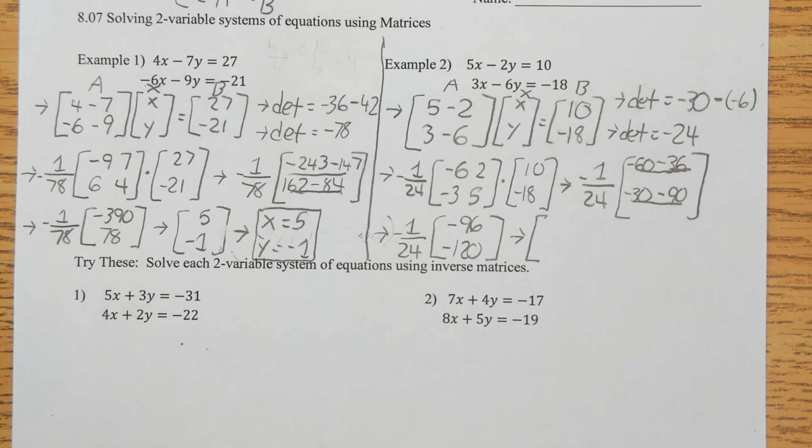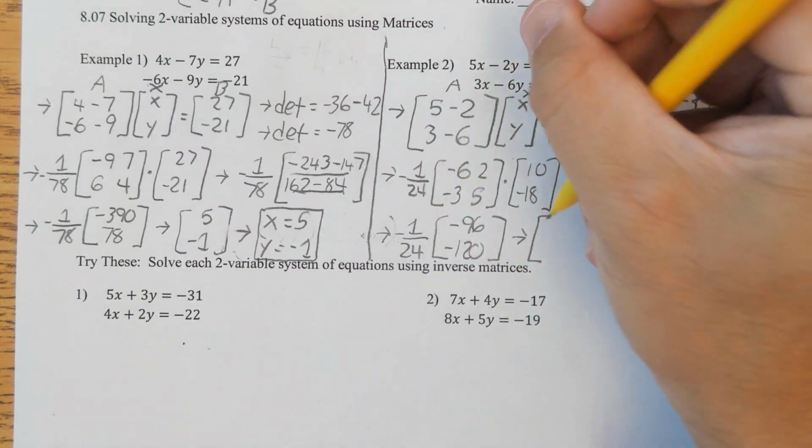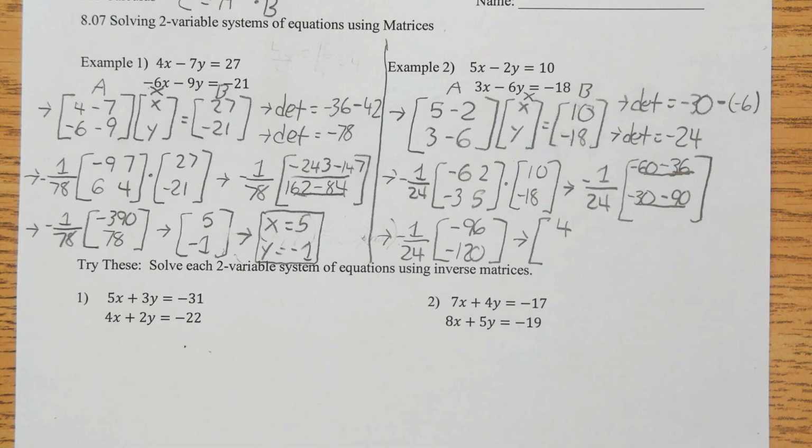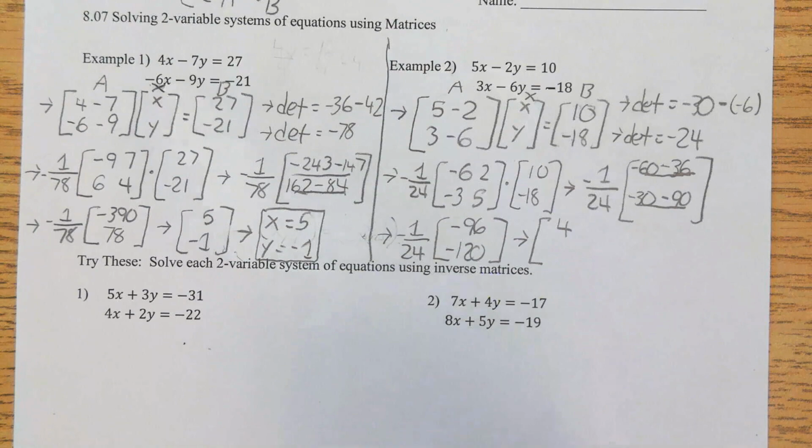So when we do 1 over 24 times the -96, since they're both negative, it's going to give you a +4. And then I'm assuming, because 96 is 24 higher than 120, I'm guessing it's going to be a 5, but let's just do it anyways. So when we multiply -1 over 24 times the -120, you're going to get a 5.